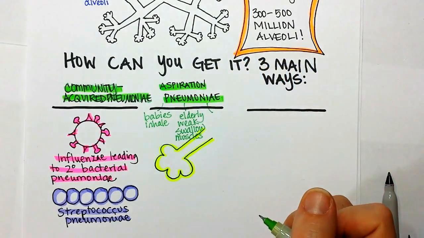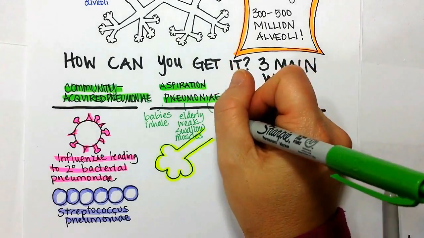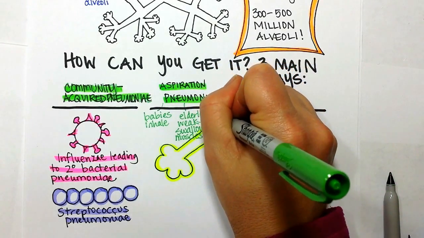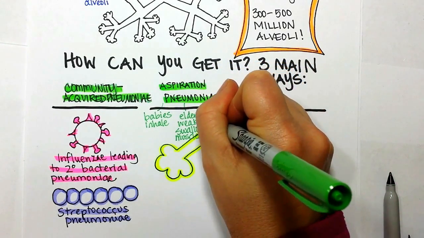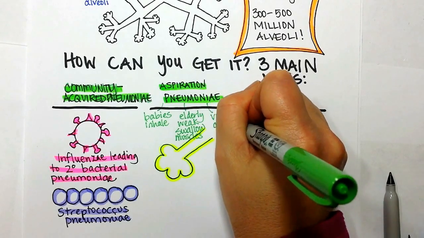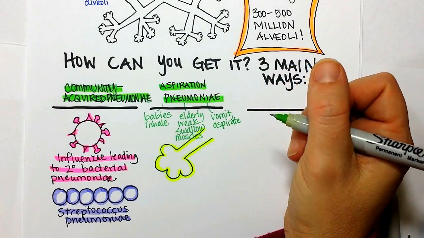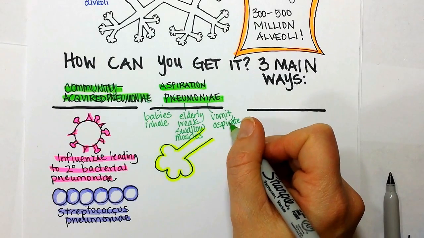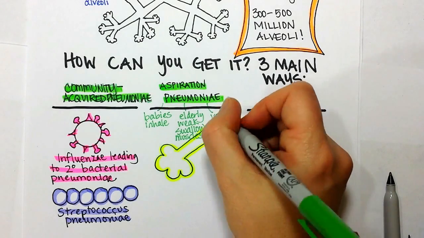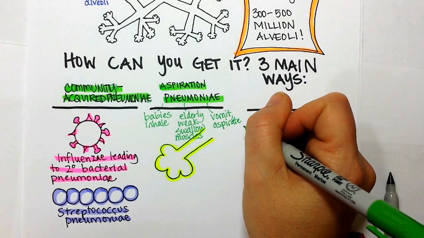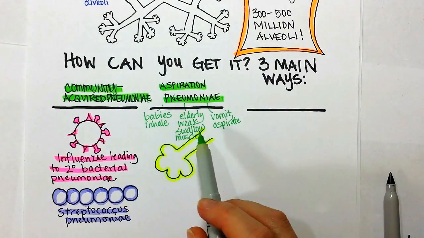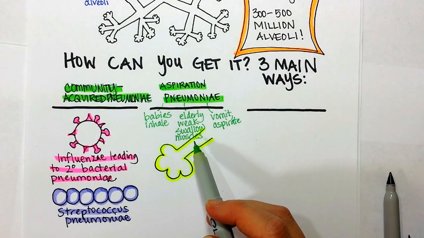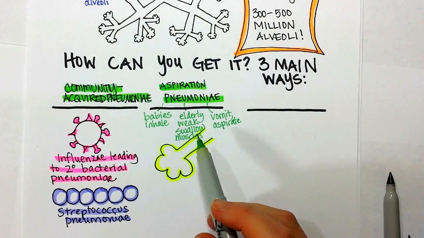Another situation where this can happen is if someone vomits and then they aspirate their vomit if they are unconscious. The most well-known, notorious example of this is if someone gets so drunk that they are vomiting when they're already passed out, and then they can aspirate that vomit. So any of these can lead to what we know as aspiration pneumonia.